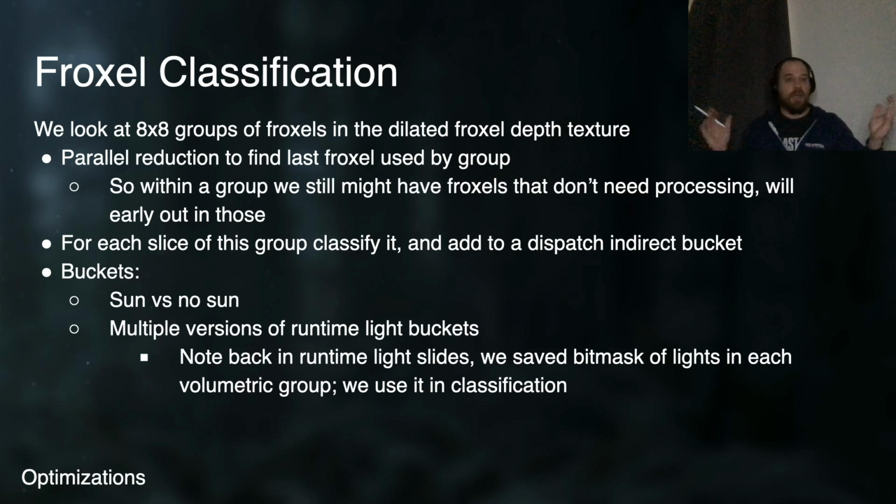Classification, right? We look at the 8x8 groups, because we need to ultimately execute 64-thread wavefronts, and then we find the union of all the properties for the Froxel, and then we put it in that particular bucket.